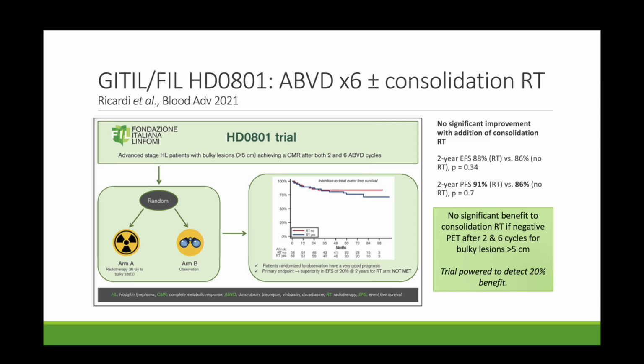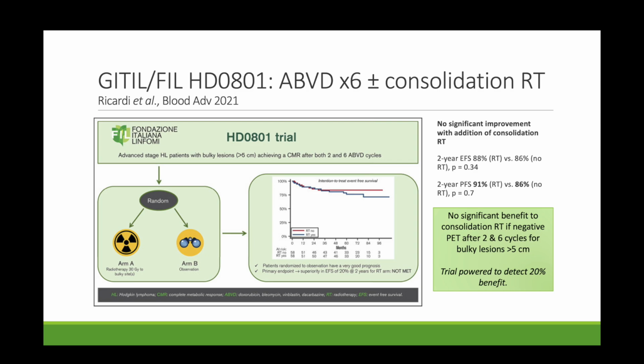And so this trial showed no significant benefit to consolidative radiotherapy if they had negative PET after cycle 2 as well as after cycle 6 of ABVD. And these, again, were bulky lesions greater than 5 centimeters. The reason I think this trial is not totally informative is because it was powered to detect a 20% benefit.